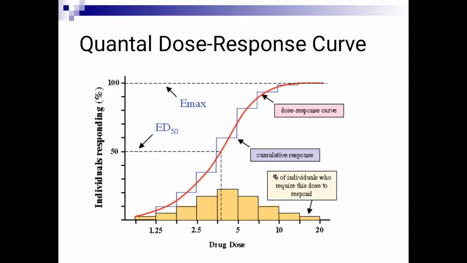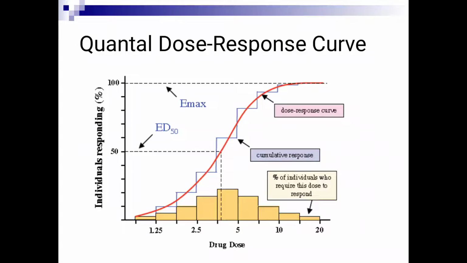So that was the graded dose response curve. Now what is the quantal dose response curve? The quantal dose response curve means dose against the response in a population. It can follow the all or none law. Here on the x-axis there is the drug dose, and on the y-axis there is the individual response in percentage. From this curve you can see effective dose 50 means the dose needed for a 50% response.